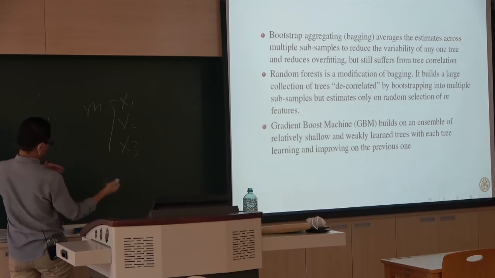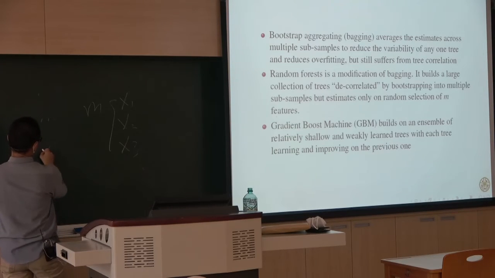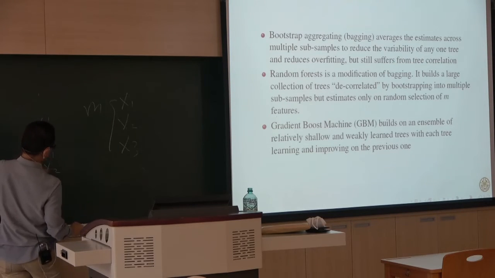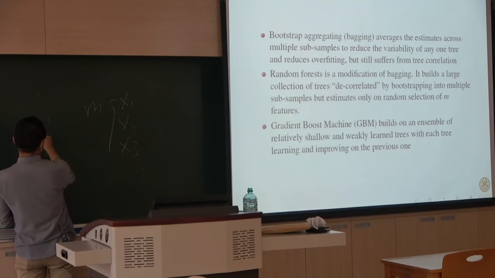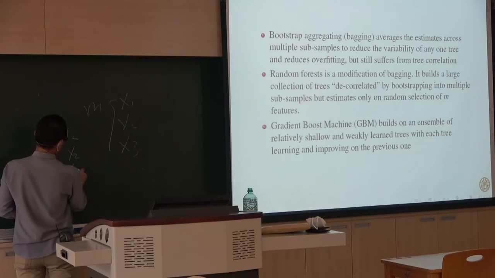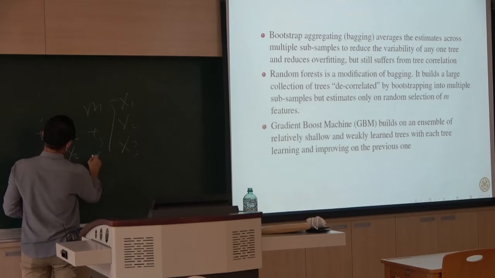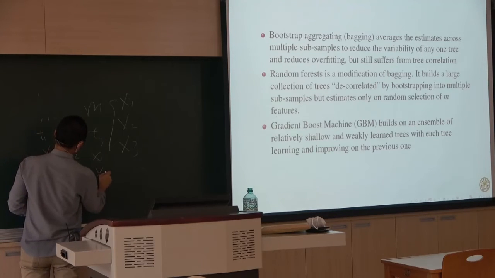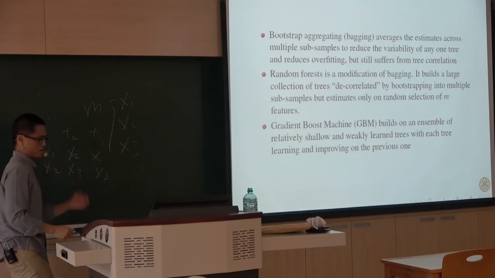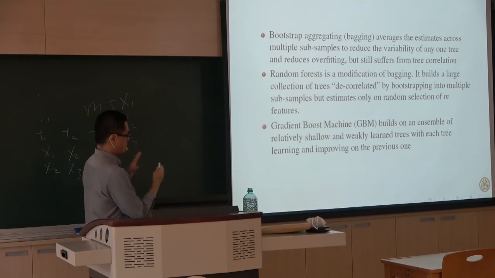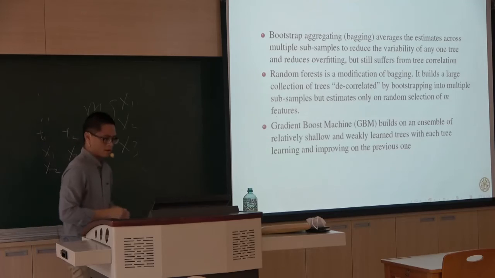And then for the first tree, you only randomly select 2 features out of the total of n features. So you use x1 and x2. And for the second tree, you might use variables x3 and x3. The third tree, you use x1 and x3. Right, so these are just random selections of features, so they're decorrelated.